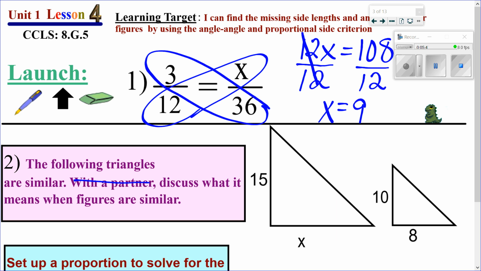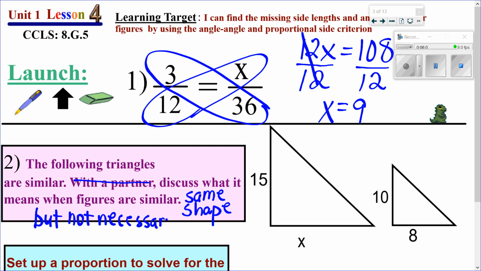And you could see similar is same shape, but not necessarily the same size. So we could see these two triangles are the same shape, but they're not necessarily the same size.